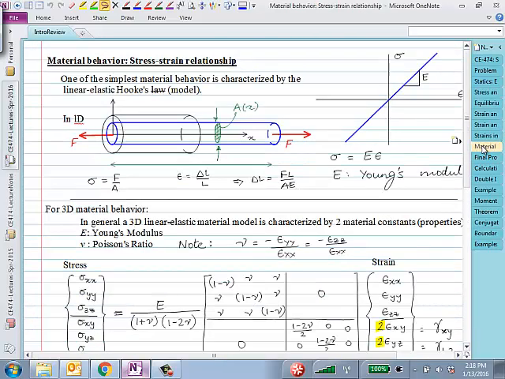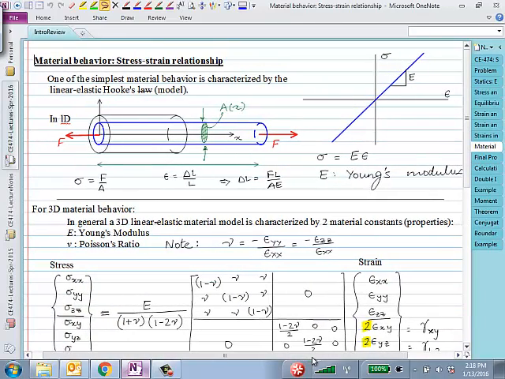Finally, we've talked about equilibrium, we've talked about strain or deformation, and finally, material behavior.